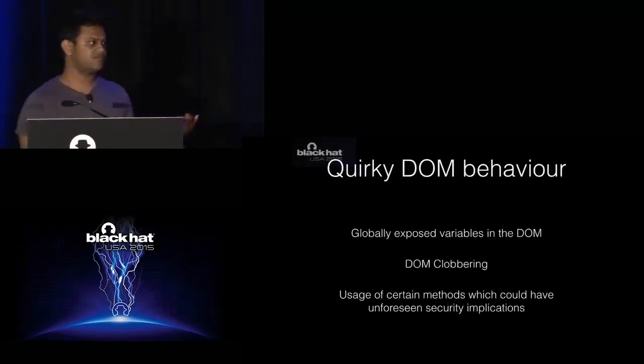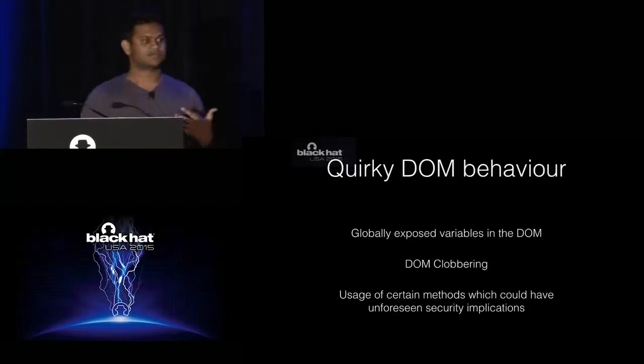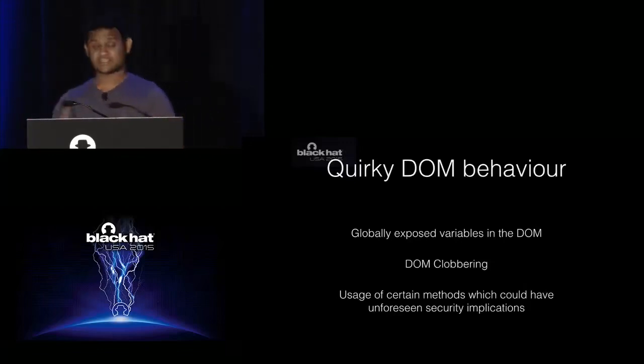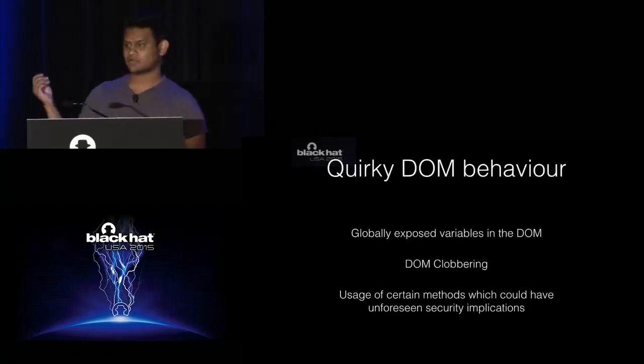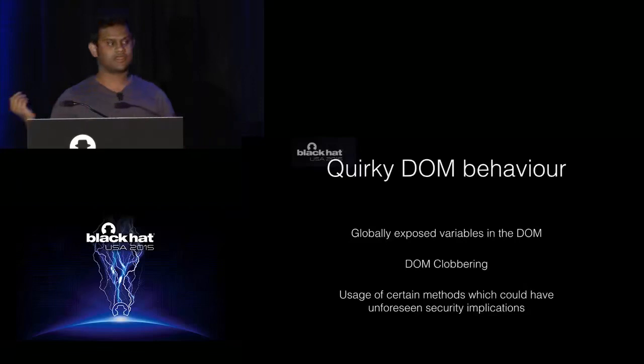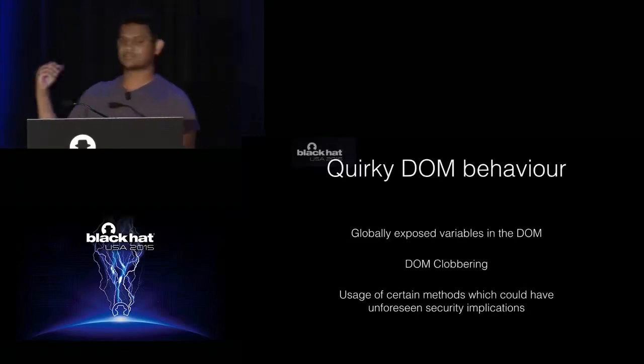We have been hearing cases of, hey, you shouldn't be doing globally exposed variables. That's a bad idea. It's a bad JavaScript practice. It can cause bugs. But we have rarely seen problems with security issues from that. So I recently came across an issue where a global variable in combination with DOM clobbering can actually be an issue.